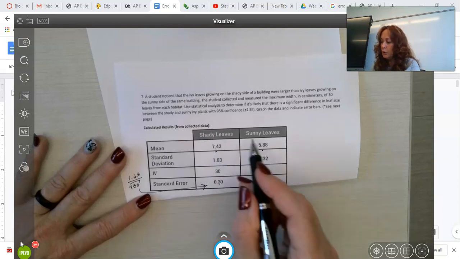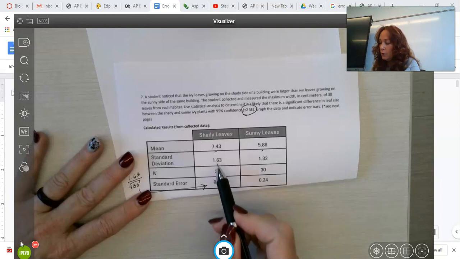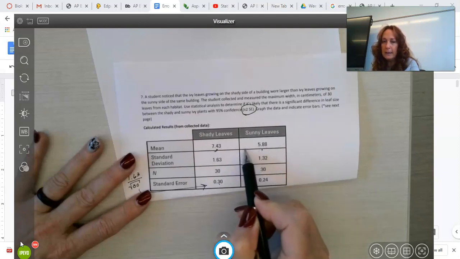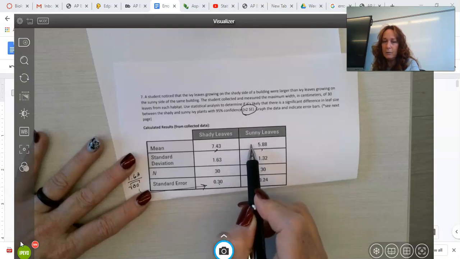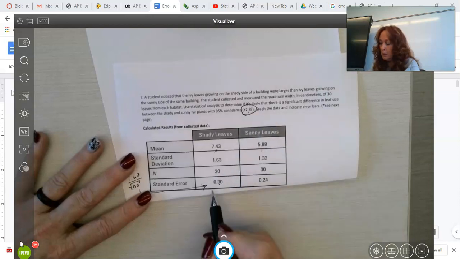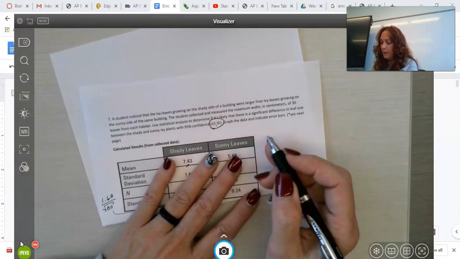So here's what you do. This is what's important right there. They want you to take the mean, and you're going to graph these on the same graph paper, and you're going to go up to standard error of the mean, so up 2 times 0.3, and down 2 times 0.3. So let's think about that.